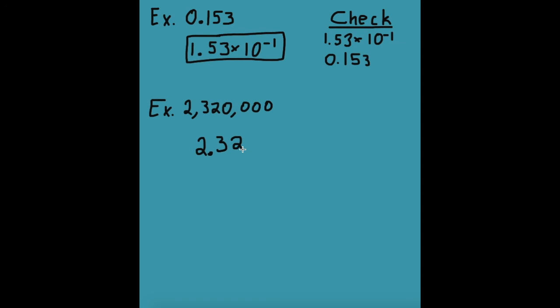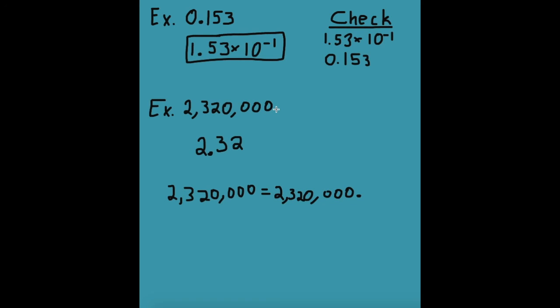So far, you have 2.32. Now, let's count how many decimal places we moved. Keep in mind that, for this math class purposes, 2,320,000 equals 2,320,000 with a decimal at the end. So let's count the decimal places we moved. 1, 2, 3, 4, 5, and 6.